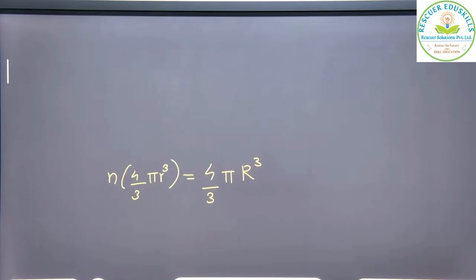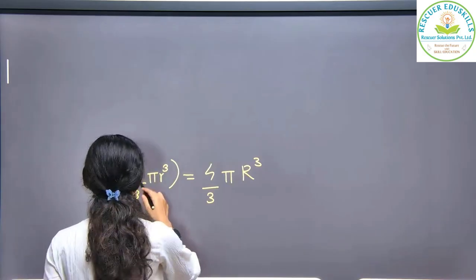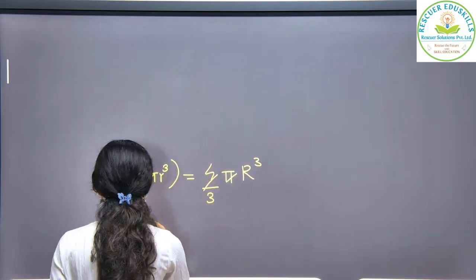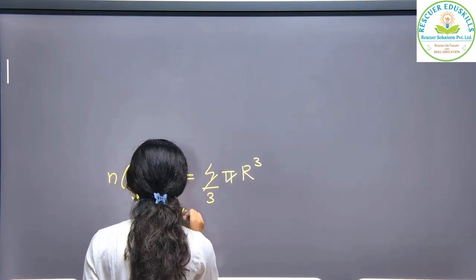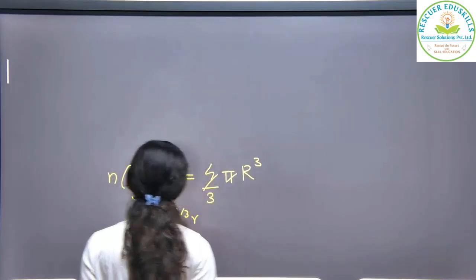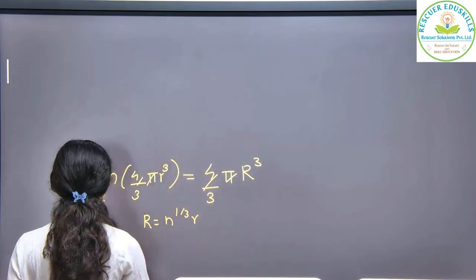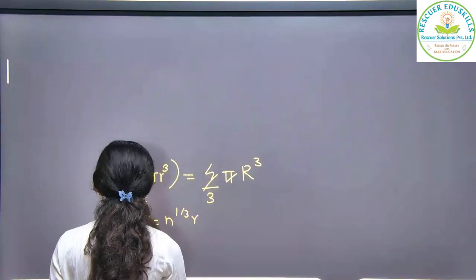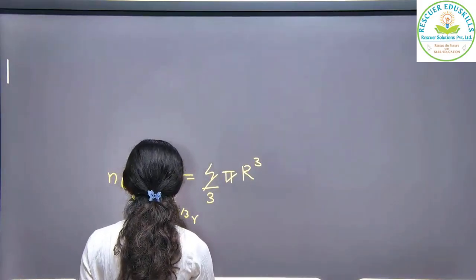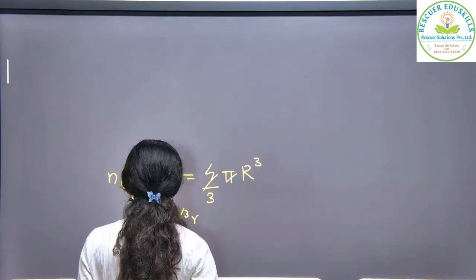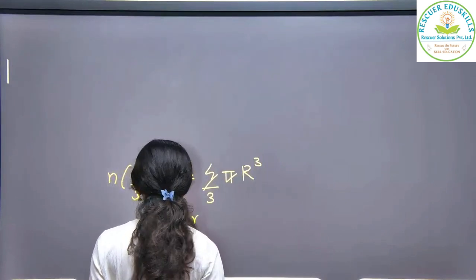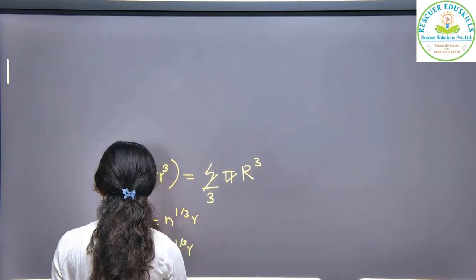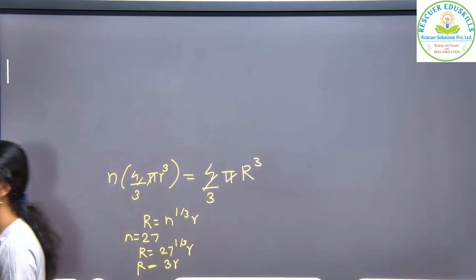Now this we will cancel, right? So we can write R is equal to n to the power 1 by 3 times r. Here n is 27, so R is equal to 27 to the power 1 by 3 times r. We know that the cube root of 27 is 3, so R is 3r. Okay.